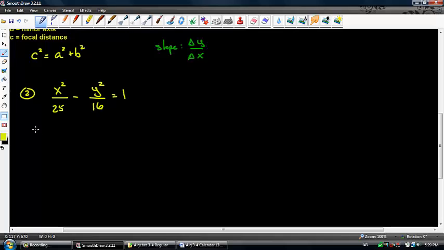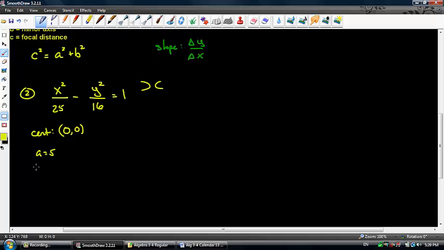Okay, so let's go ahead and just label everything that we know. First of all, because the major axis, which is the first number in a hyperbola, is underneath the x, we know that it's going to be a side-to-side hyperbola. And the center, just like the last one, because there's nothing happening, is 0, 0.